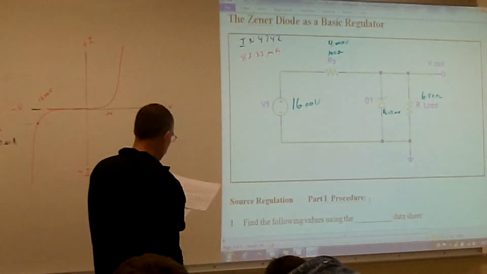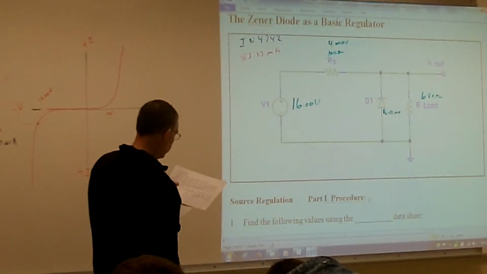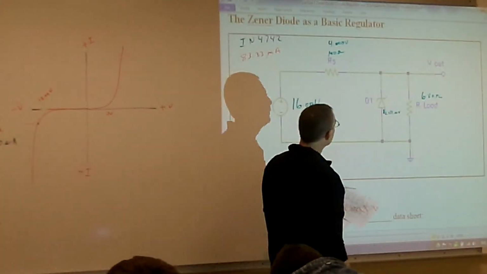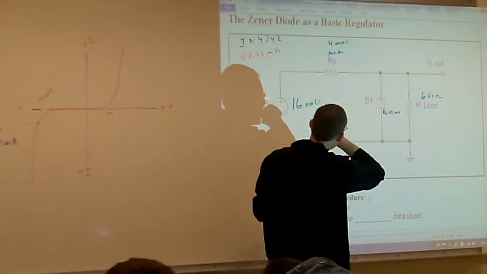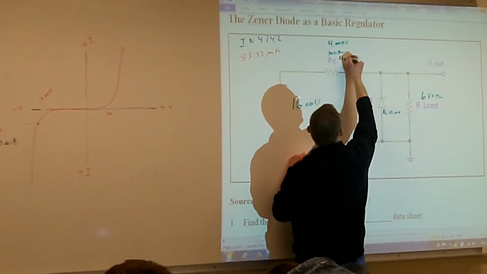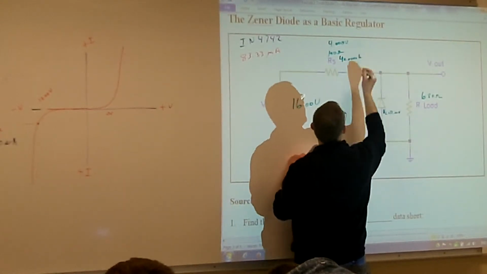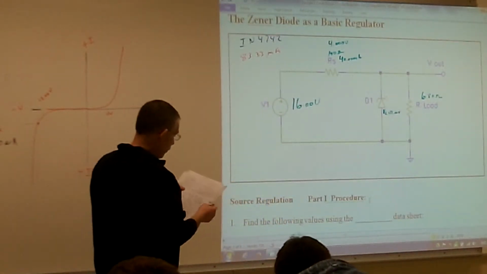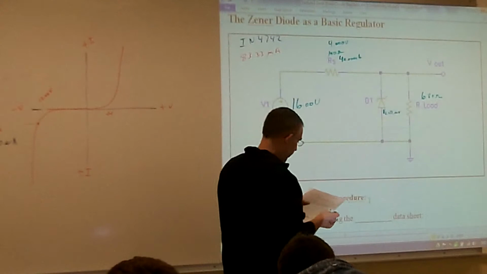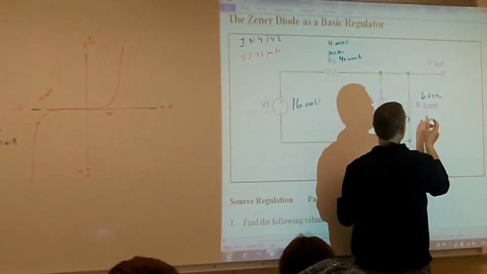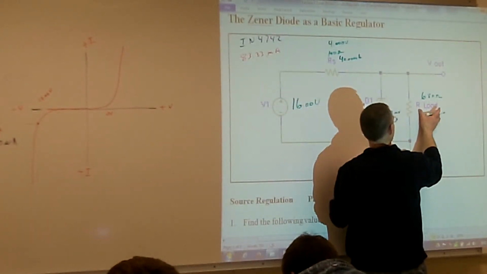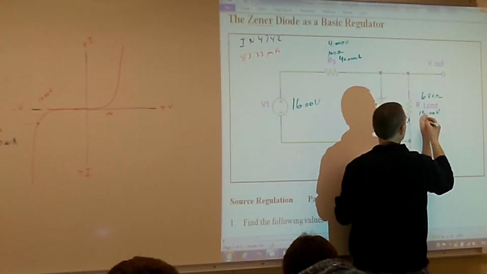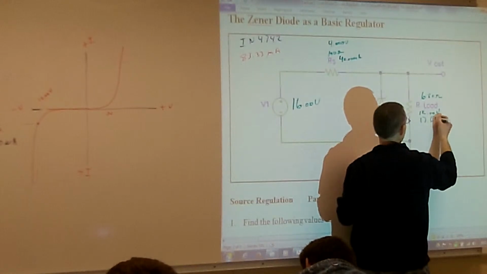Then what's going to be my total current, or my current of RS? 40 milliamps. Then what's going to be the current of my load? What's my voltage of my load going to be? 12 volts. So what's my current going to be going through my load? 17.64 milliamps.